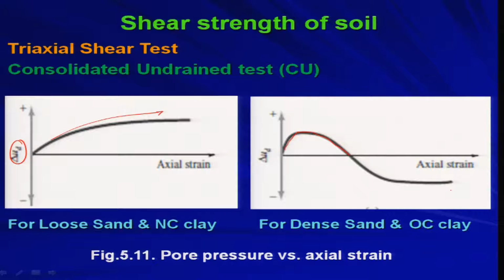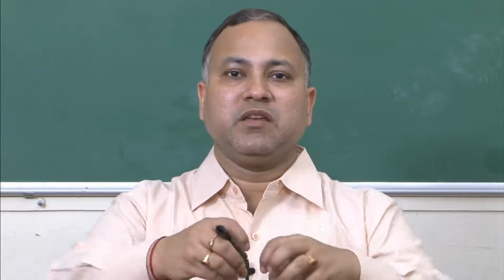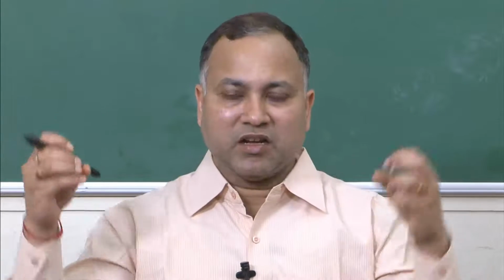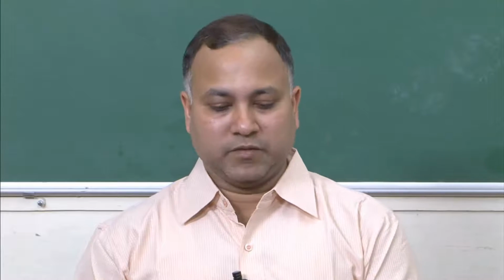With the axial strain, you will get some dilation in the soil specimen, which will cause suction in the pore pressure. So, instead of giving you compression, it will give you some suction nature in the pore pressure distribution, right. That will give you the negative pore pressure. This is a very important observation to note. Okay.